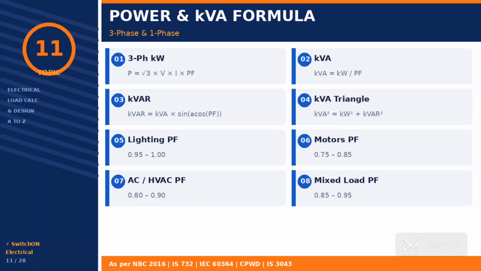But light, fan, how much they will consume, no, that is reactive power. But reactive power is, suppose you are a source, you are sending 10 chocolates.